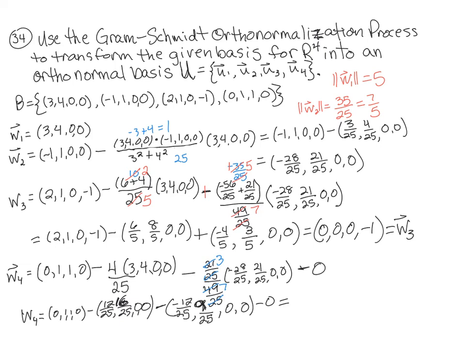And W4 is going to be 0 minus 12/25 plus 12/25. Booyah. Next, 1, which will be 25/25, minus 16, minus 9, 16 and 9 is 25, boom. Third, I have a 1 here, minus 0, minus 0, minus 0, and I get a 0.